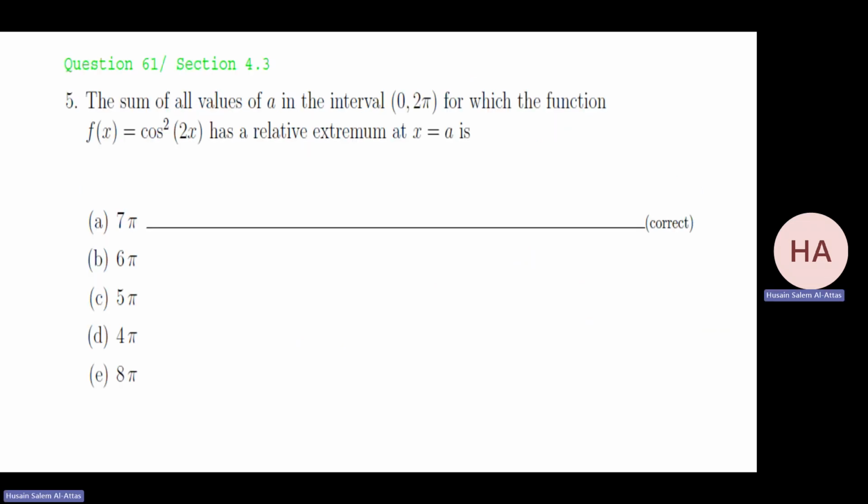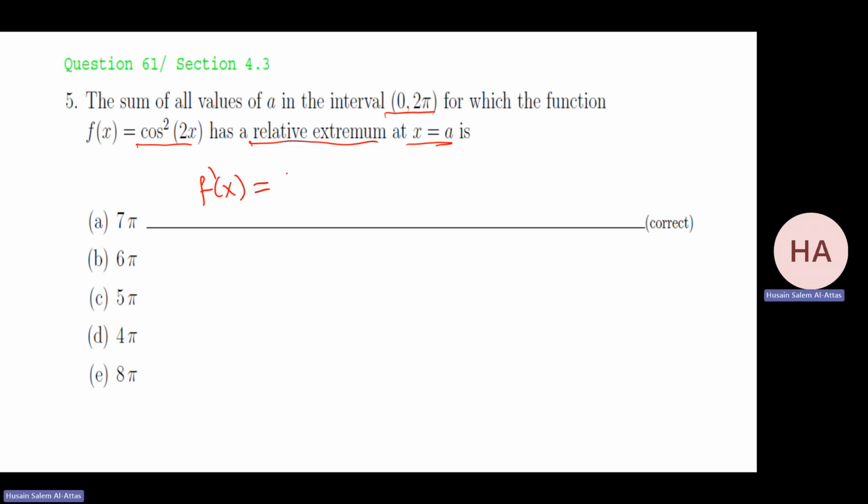Okay. The sum of all values of a in the interval in which the function has a relative extremum at x equal a. The relative extremum at x equal a, on the x values where I have relative extremum for this function. Let us do the calculation. f prime. Once I have this, it's the chain rule.